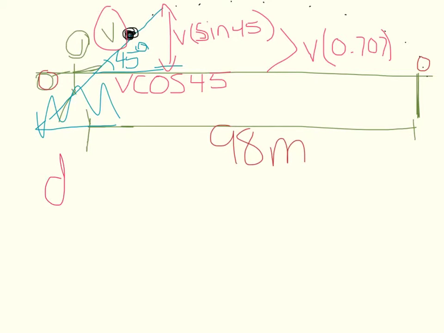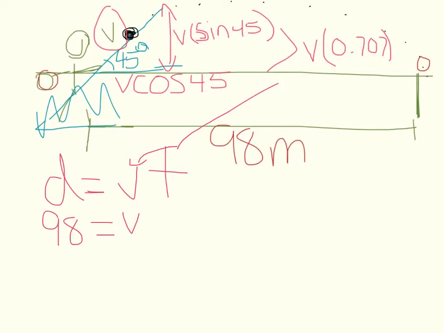So we're going to go d equals vt. We know that the distance is 98 meters, and we know that the velocity is v. We're going to plug that in for velocity. 98 equals v times 0.707 times t.